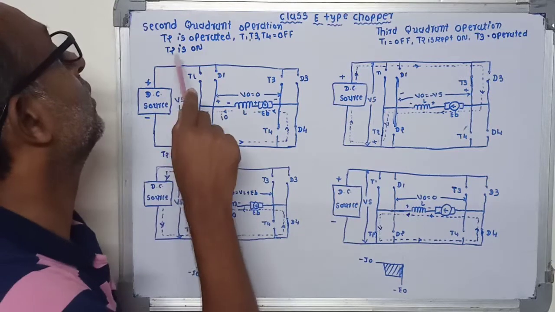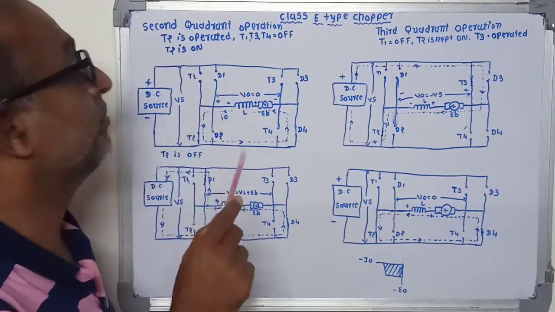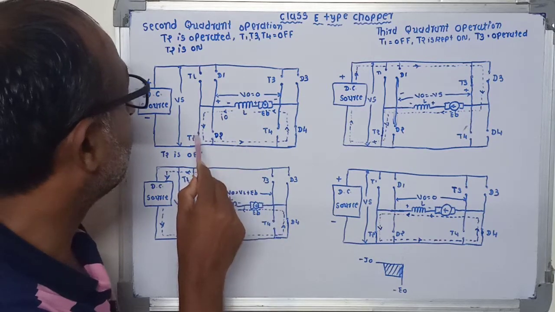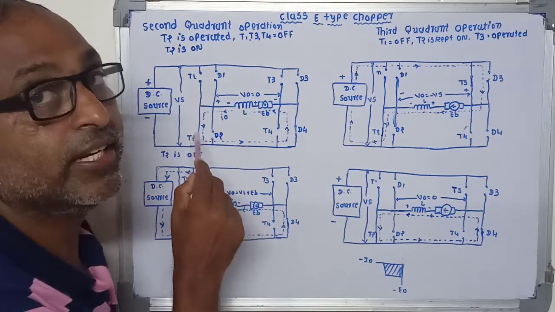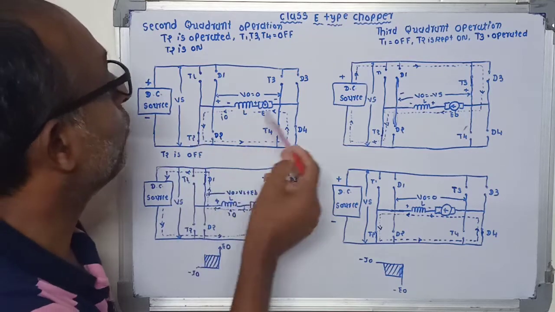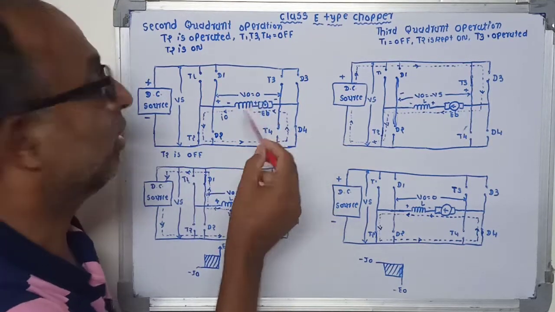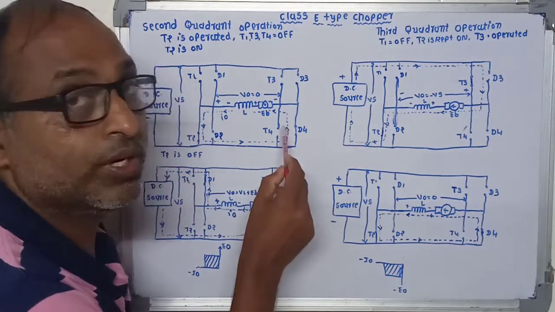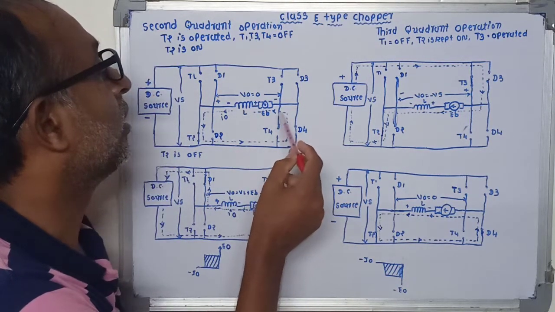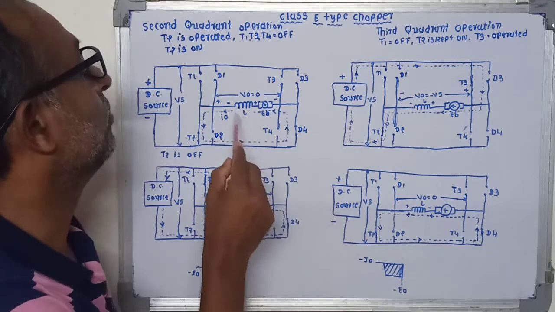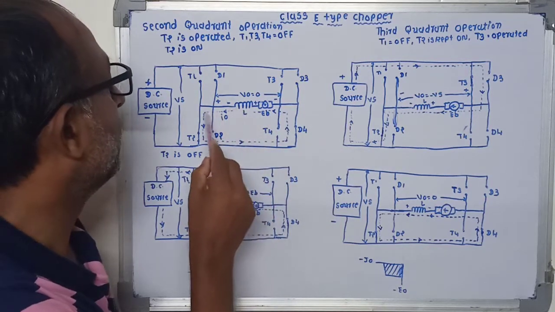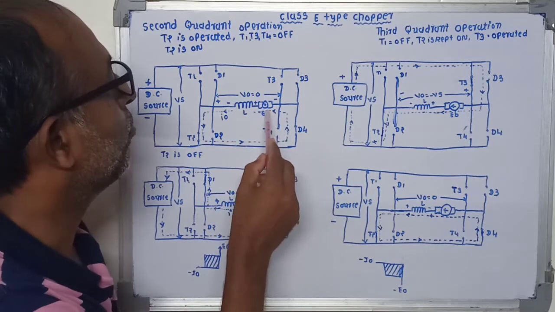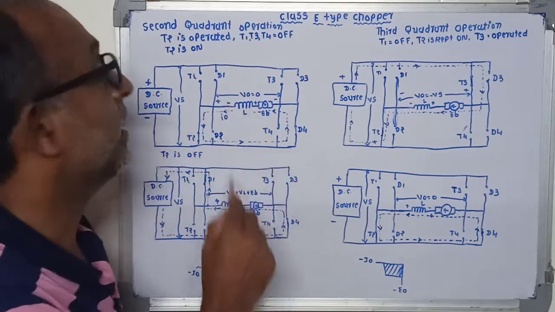So first T2 is kept in on condition. When T2 is on, it is treated as a short circuit. Due to the back EMF of the load, the diode D4 will turn on, and therefore current starts to flow from inductor L to T2, then diode D4, and then motor, and then into the inductor.